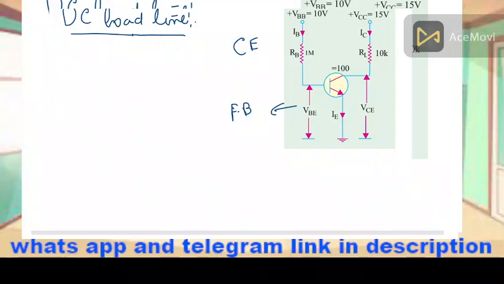This video may be a bit longer because this is a very important concept, so please concentrate and try to understand. Now we have to draw a DC load line. How can we draw it?